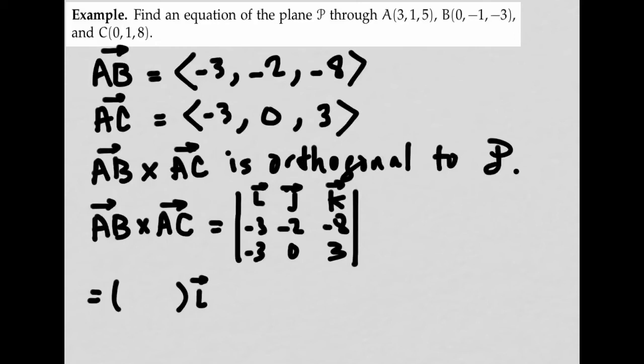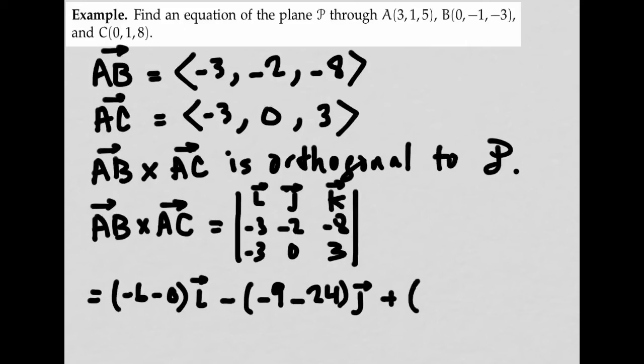minus 2 times 3, that's minus 6, minus 8 times 0, that's 0, all multiplied by i. Minus, 3 times 3, that's minus 9, minus 8 times minus 3, that's plus 24, all multiplied by j.